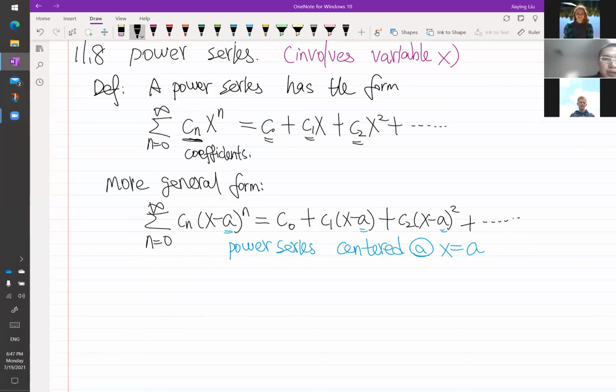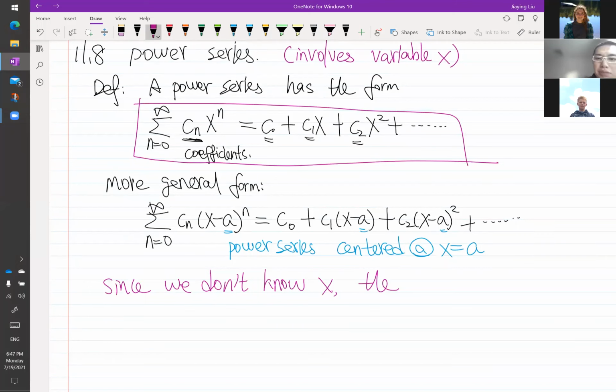Right. So a couple notations. Since we don't know x, this power series depends on what x is, right? It could be different. If x equals 1, we just get c0 plus c1 plus c2 all the way to infinity. We don't know it.